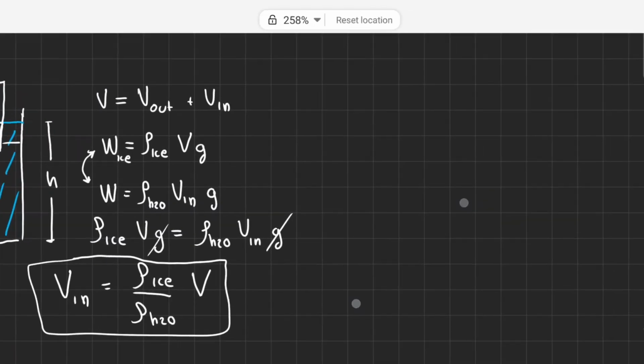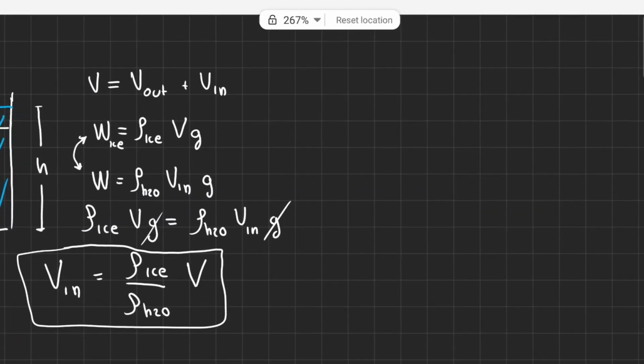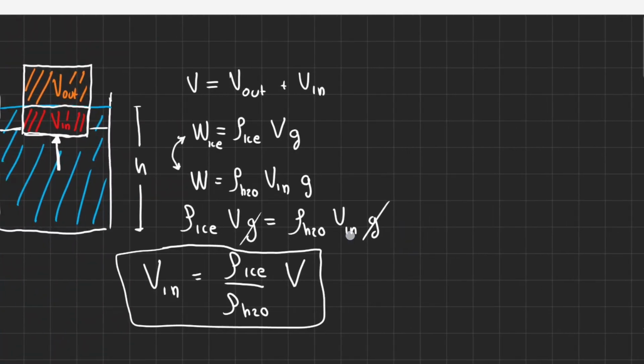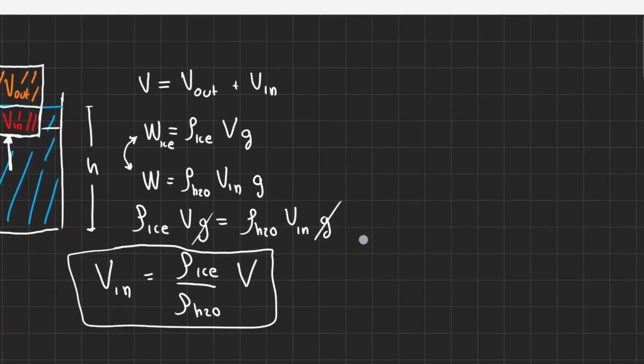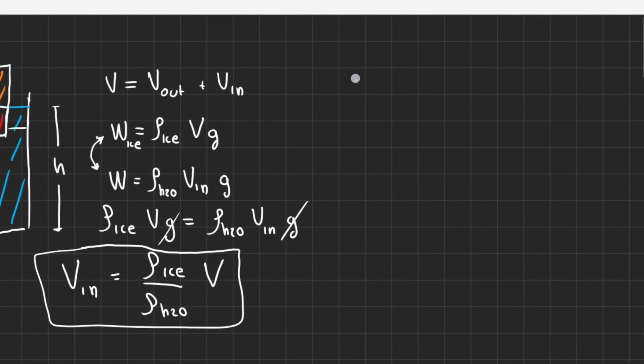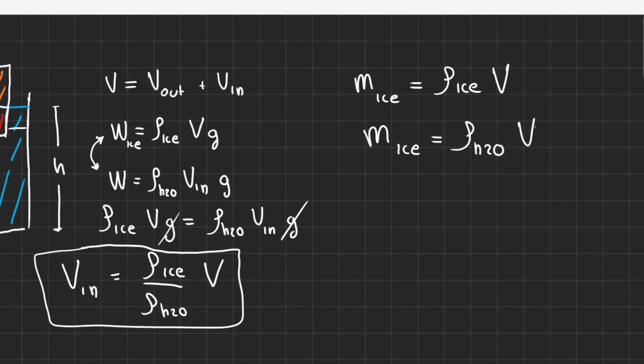Another thing that we know is that the mass needs to be conserved. The mass is not going to change. So the mass of the ice is equal to the density of the ice times the total volume of the ice cube. And the mass of the ice is also going to be equal to the density of the water times a volume after the melt.